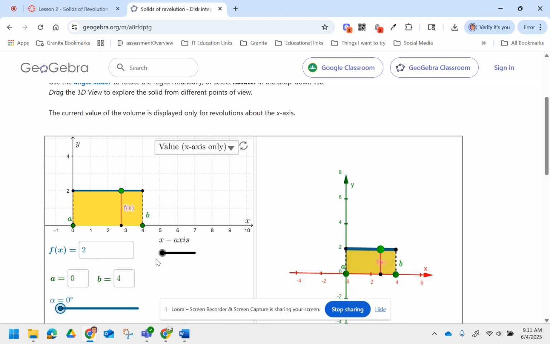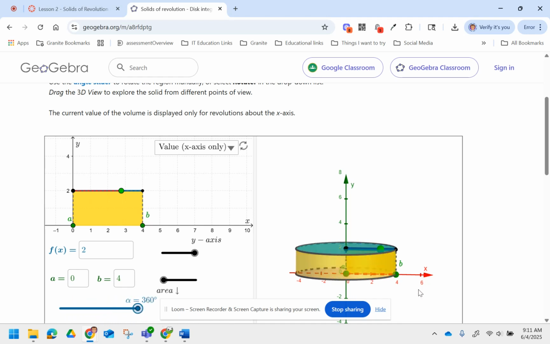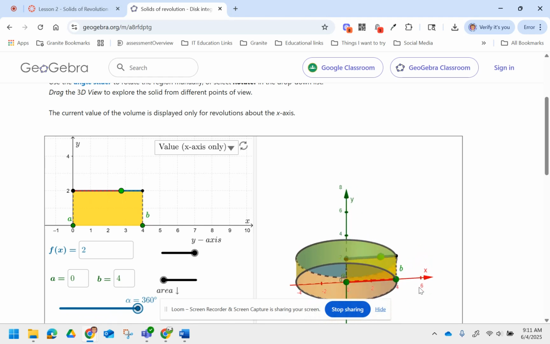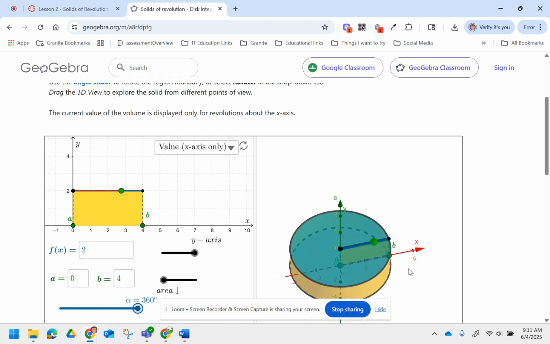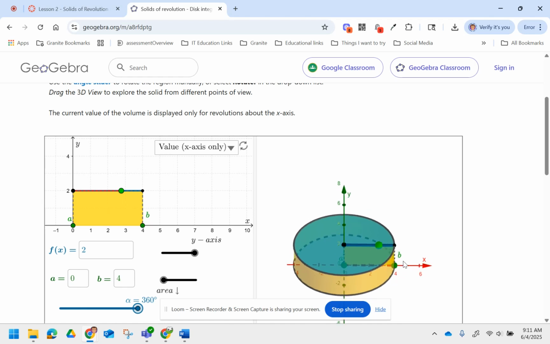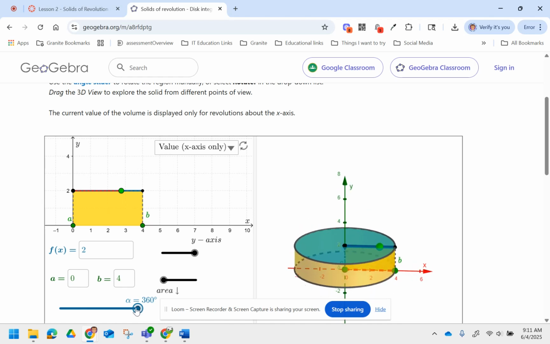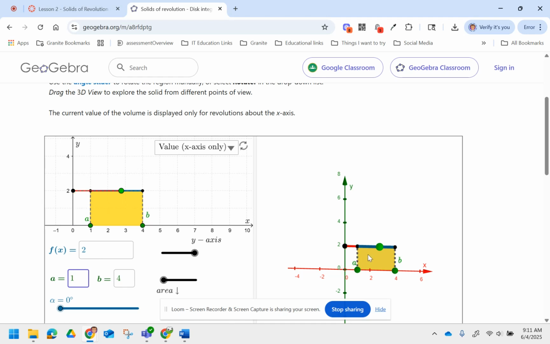If I changed this to the y-axis and then rotated it, we got a cylinder again, but a very different cylinder this time with very different dimensions than the first. Let's also change this a bit. I'm now going to rotate this rectangle around the y-axis.